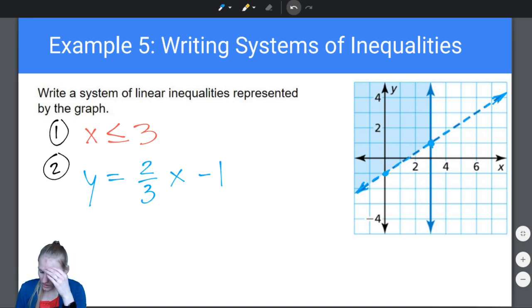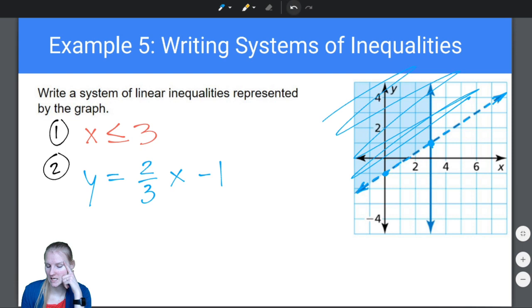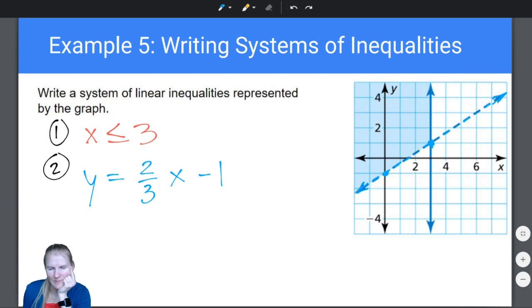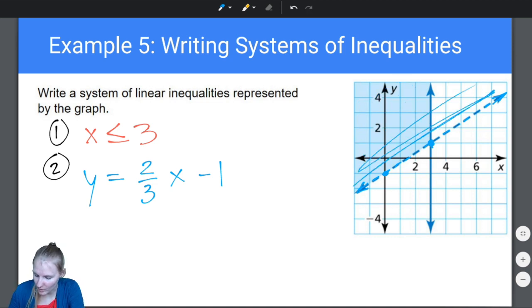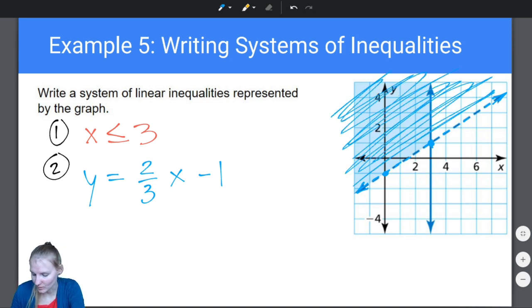Now, where is the shading for this blue line, for this boundary line? Is it below? Is it above? Which half plane should be shaded? Well, if our solution set is over here, of course, we have to be above this line, because that's where the solutions are.